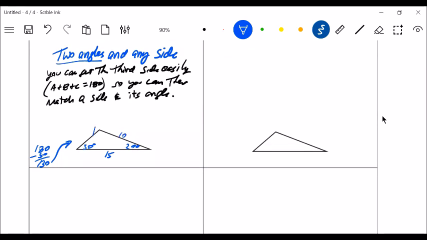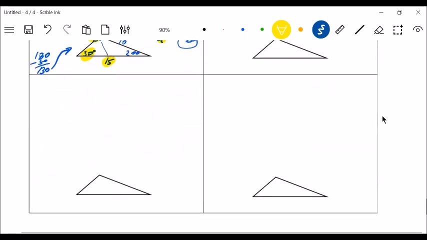So I would then know 130 here, and I could do sine of A over A is equal to any one of the others. Let's take sine of B. And so that means now we know A, and we know B, which means now we only have one thing to solve for. If you calculate that out correctly, you would get B. And you can do that because with two angles, you can get the third easily.